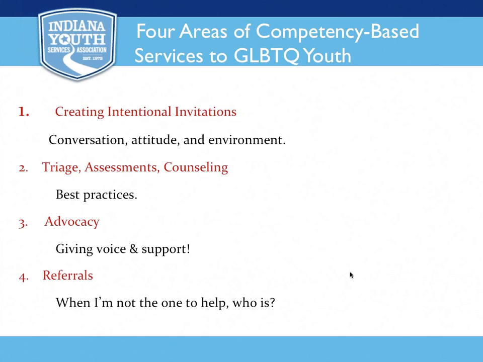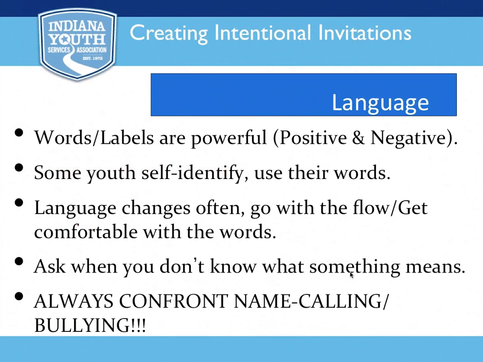We may be the folks that young people disclose to, but we may not have specific services in place, so we need to create a network of support within the community to connect that young person to the help they need. We'll go through all of these individually, starting with the intentional invitations.